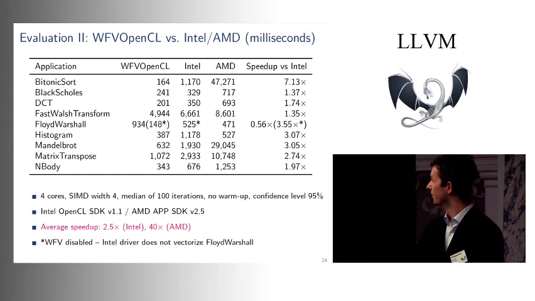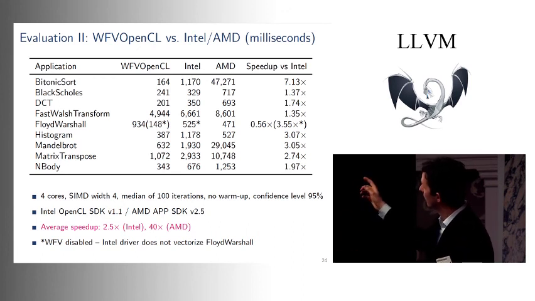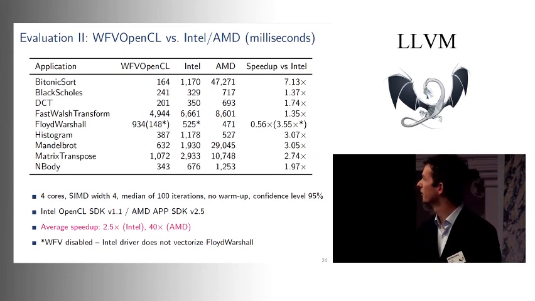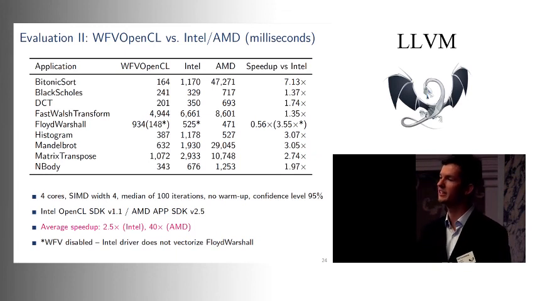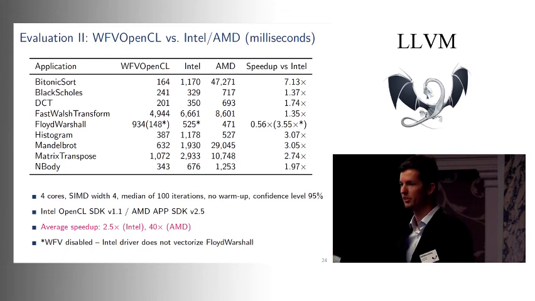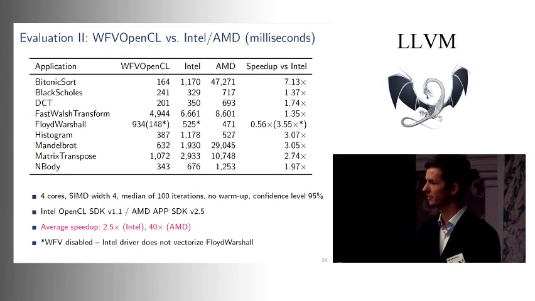So the one thing that is a bit confusing maybe is the Floyd-Warshall numbers. There, I was just talking about that it's probably not very well suited for vectorization. You see here that Intel is doing a very good job with some heuristics. They decide not to vectorize. Which, if you look at the number of our driver to the left, would also be a good idea for us, but we don't have that heuristic right now.